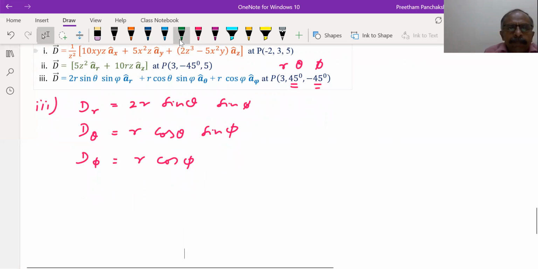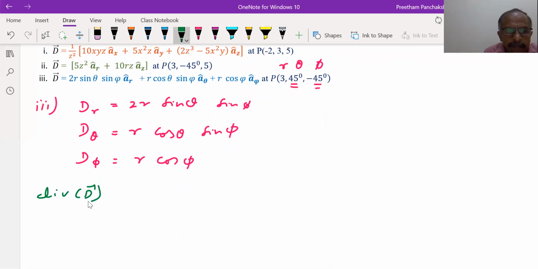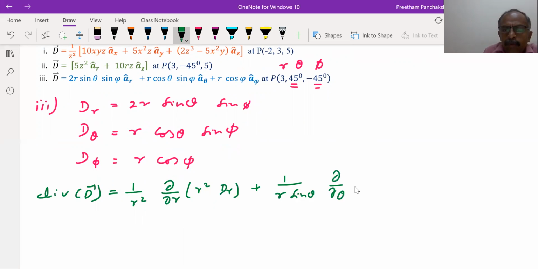Now we have to go to the formula. Divergence of D in spherical coordinates is given by 1 by r square dou by dou r of r square D r, plus 1 by r sin theta dou by dou theta of sin theta into D theta, plus 1 by r sin theta dou by dou phi of D phi.